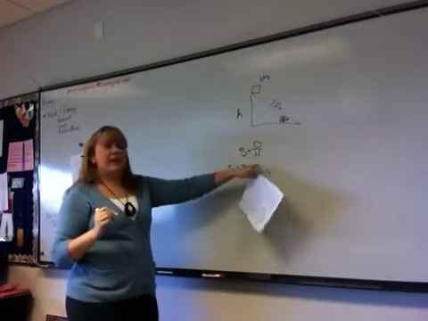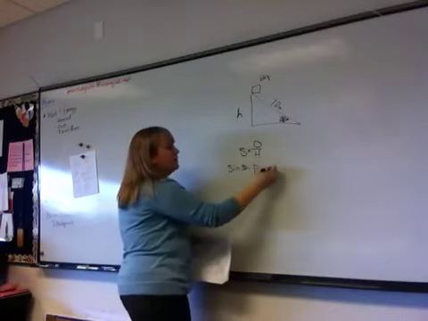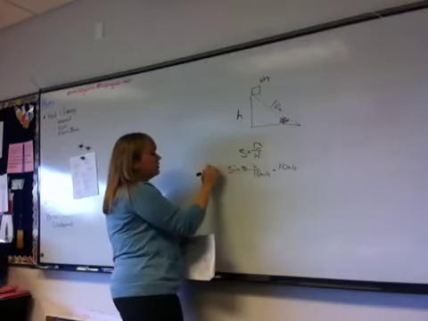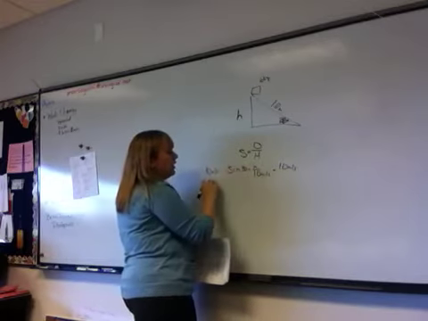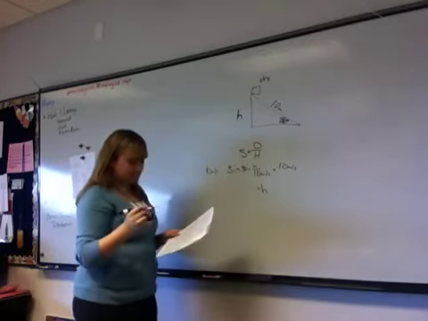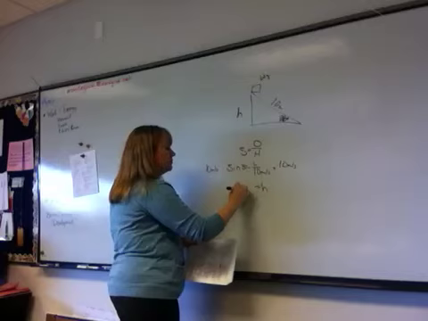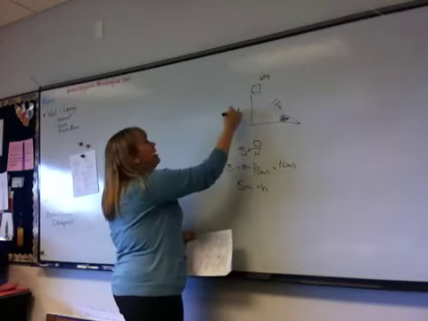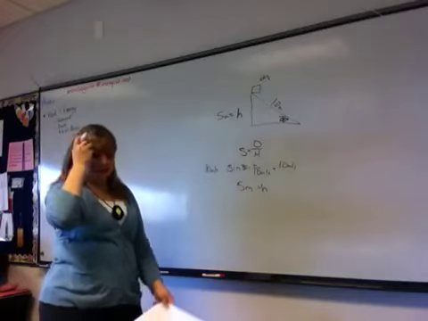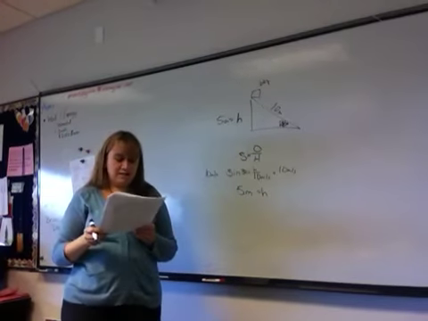If we want to solve for the height, multiply both sides by 10 meters. So 10 times sine 30, what do we get? 5. So my height is 5 meters. Whew. Too many H's.